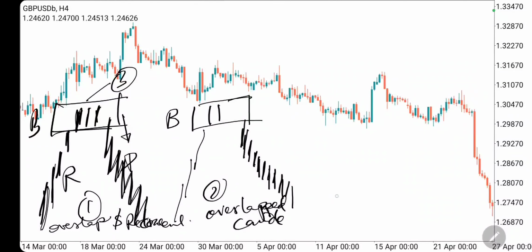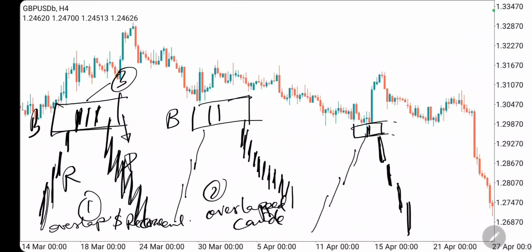Okay, in scenario number 2, we have just overlapped candles. But scenario number 3 is the higher probability scenario, whereby you just have like 1 or even 2 candles, but the price left the zone so fast. The candles did not overlap, they just left so fast. The candles did not overlap in any way.